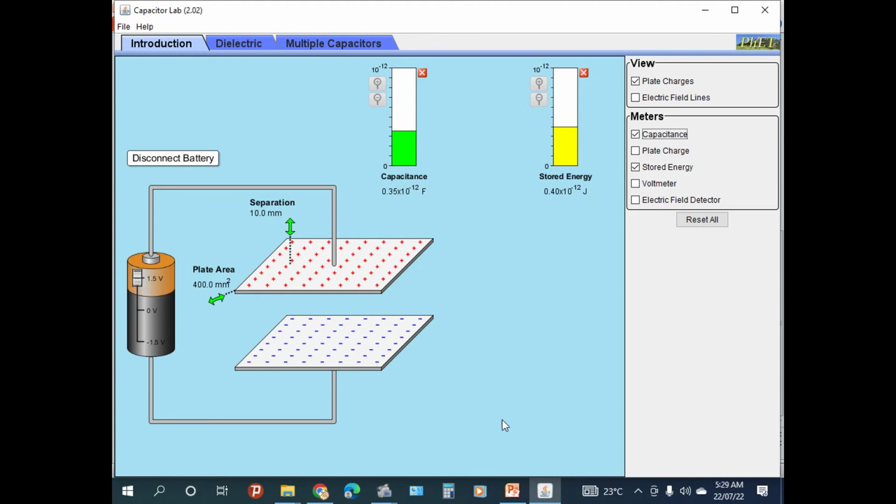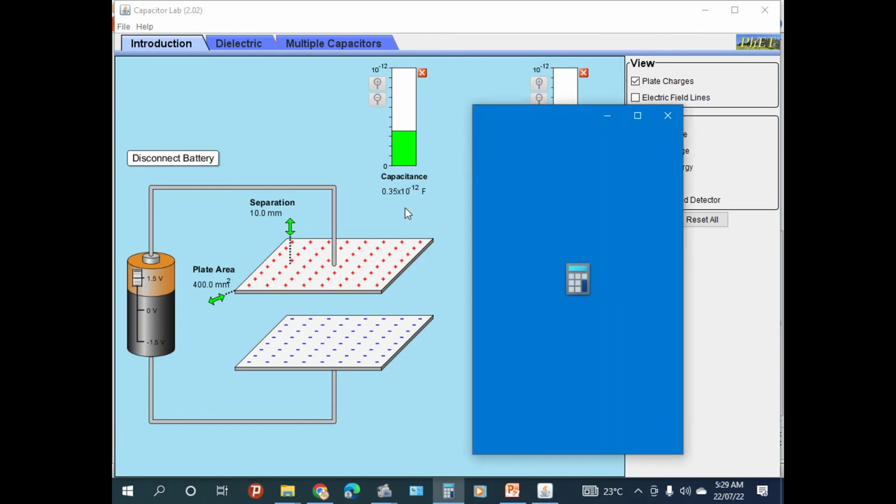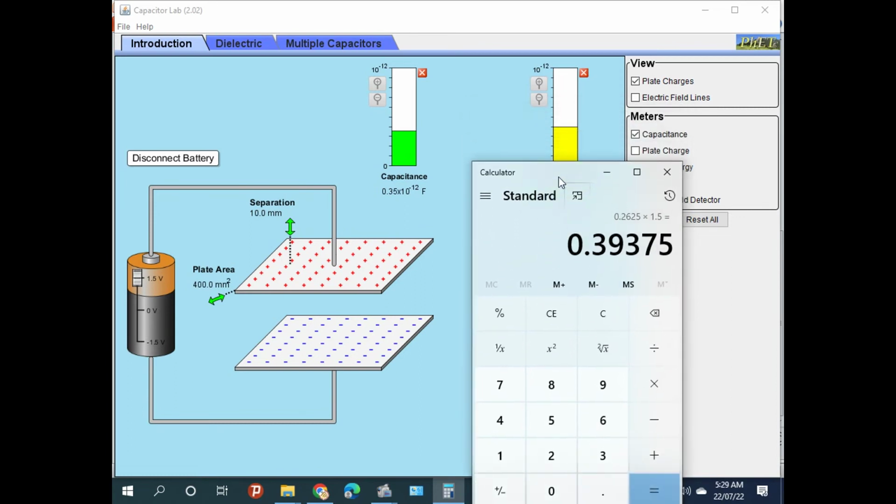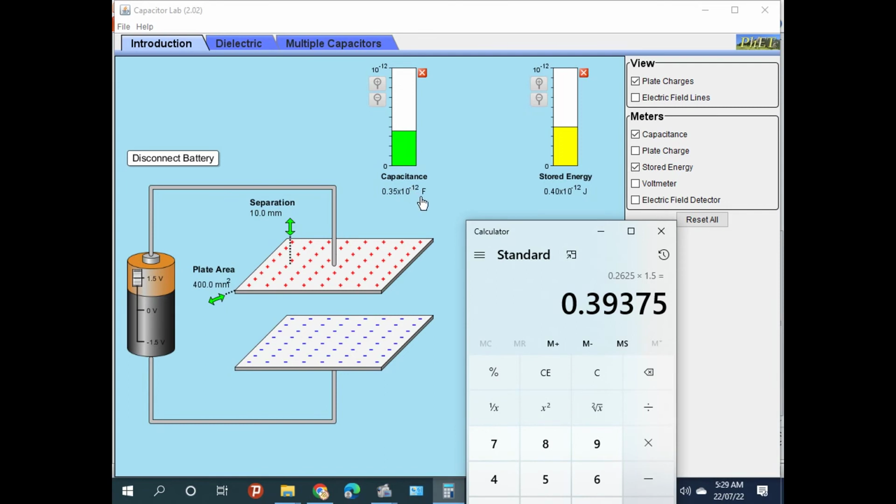To calculate this value, 1 over 2 means 0.5 times C, 0.35 times 10 to the power of minus 12, times 1.5 squared, which gives nearly 0.4 times 10 to the power of minus 12 joule. This is the energy.